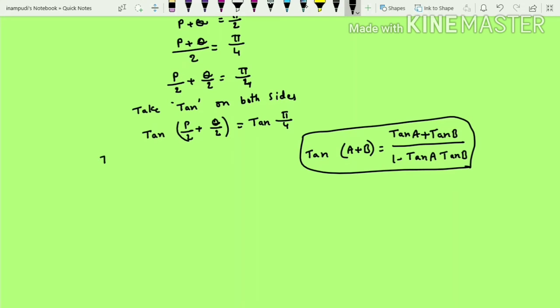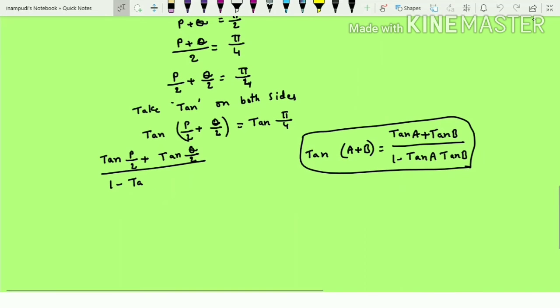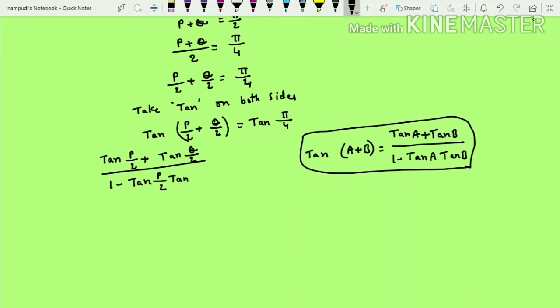We can write it as tan P by 2 plus tan Q by 2 divided by 1 minus tan of P by 2 into tan of Q by 2 is equal to tan pi by 4, value equal to 1.